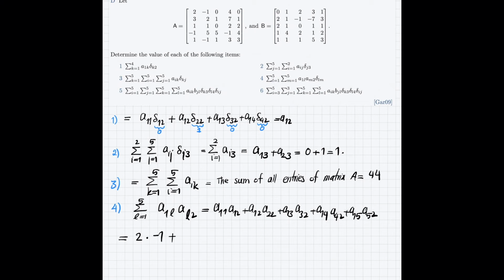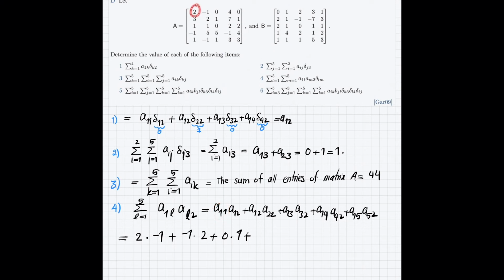Then I have A12, yes, which is -1 multiplied by A22, which is 2, plus A13, which is 0 multiplied by A32, which is 1, and then A14, so let me double check these things not to make a mistake.